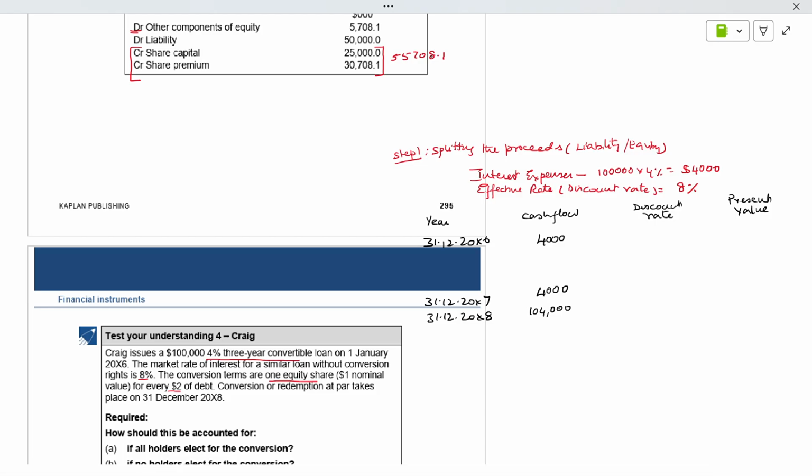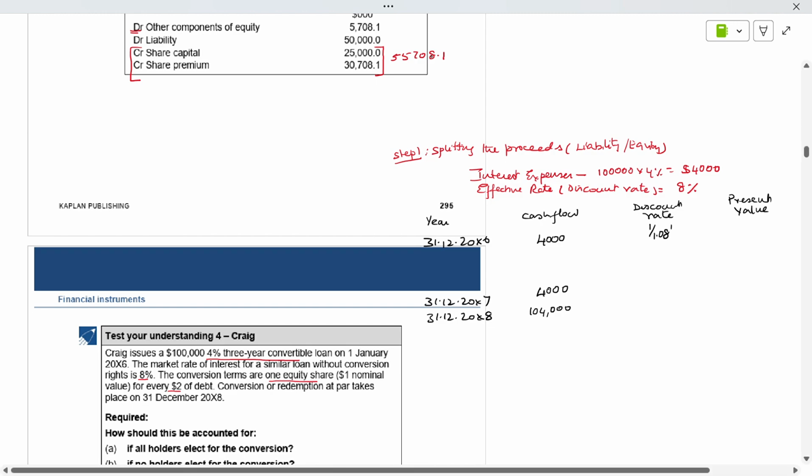Now what is the discount rate? Discount rate is 1 divided by 1.08 to the power of 1, 1 divided by 1.08 to the power of 2, 1 divided by 1.08 to the power of 3.